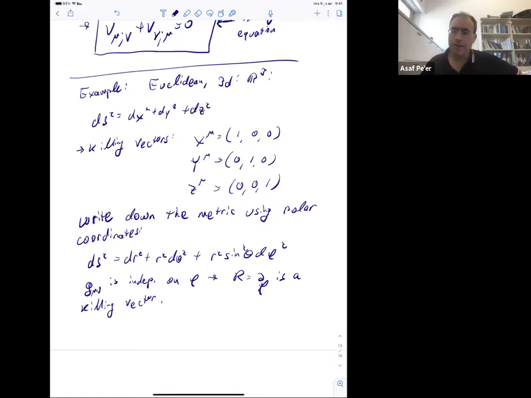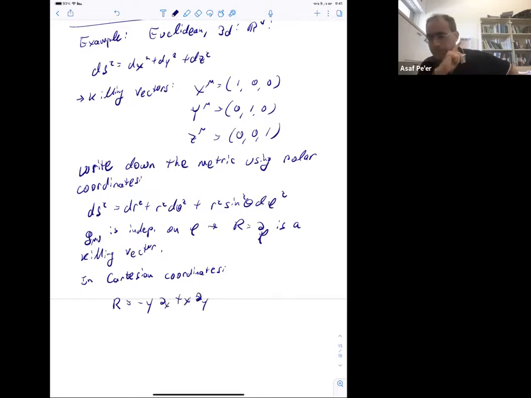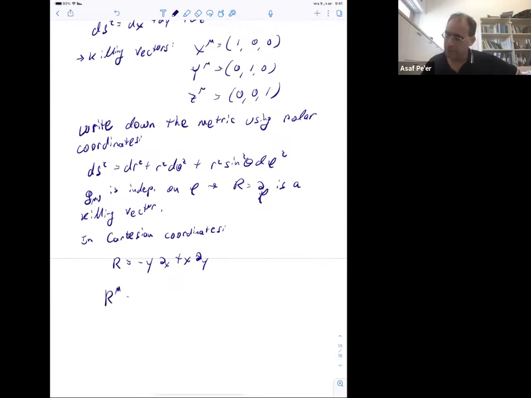Now we can write it down back in Cartesian coordinates. R would just be written as minus y d by dx plus x d by dy. So the components of the Killing vector R mu would be minus y, x, and 0. Now, of course, this is rotation around the z-axis, but this was arbitrary.